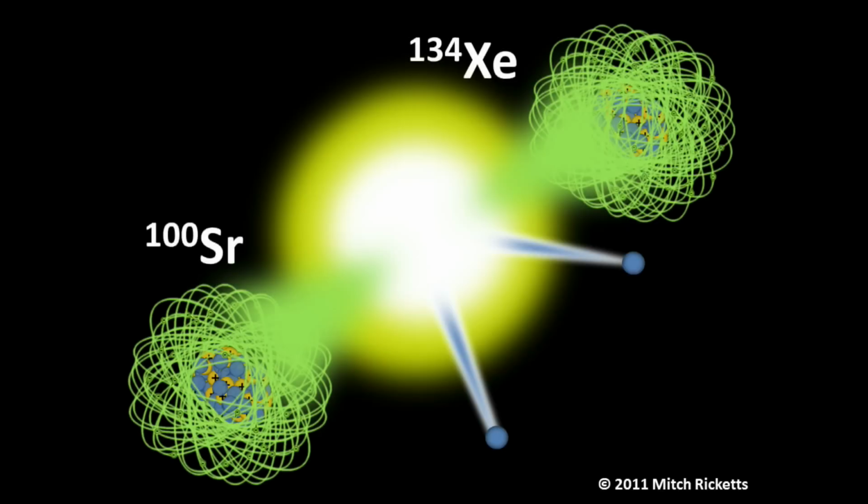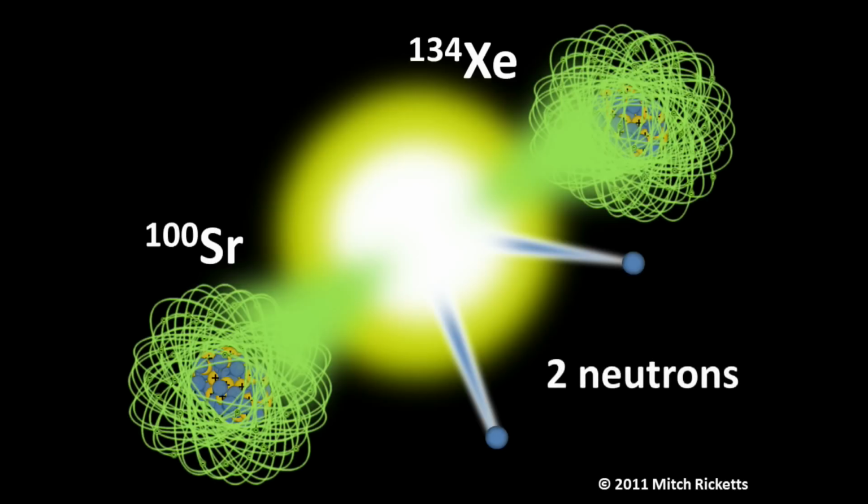There can be a variety of reactions that take place when a nucleus is split. In this case, the reaction resulted in two atoms with lighter mass, strontium-100 and xenon-134.